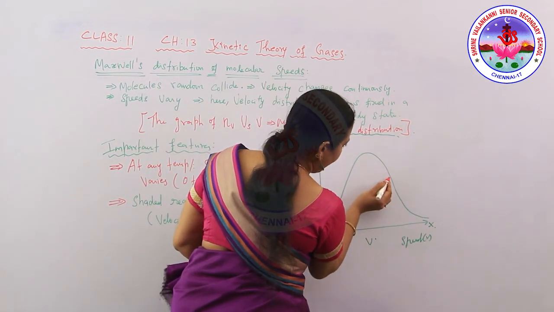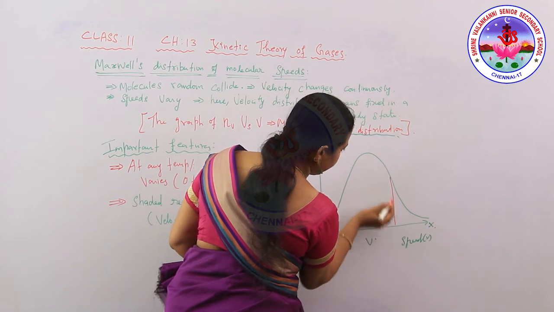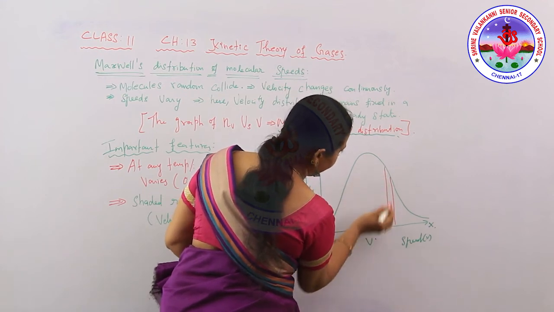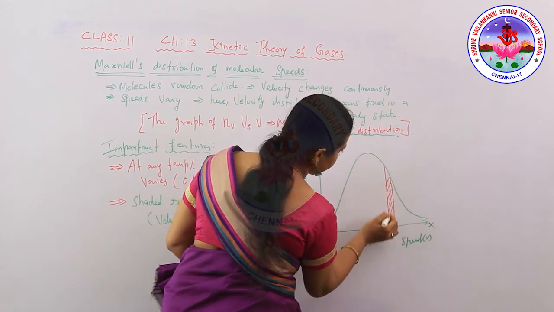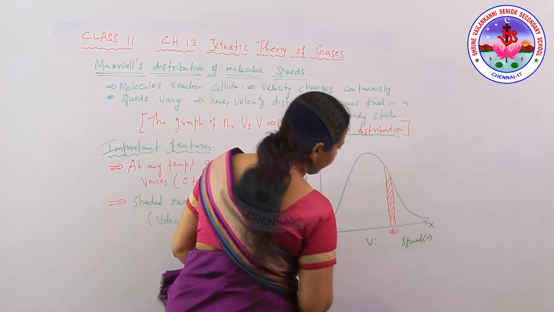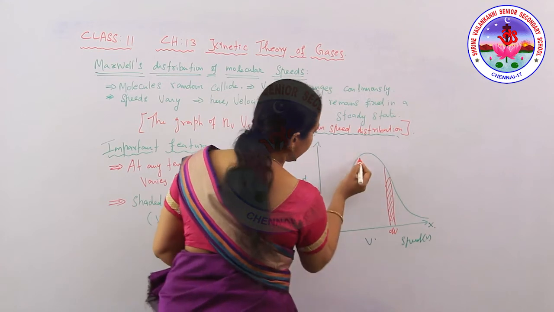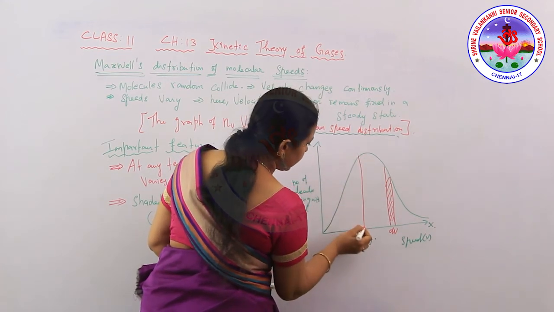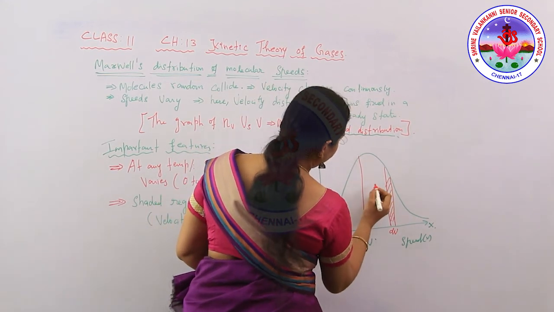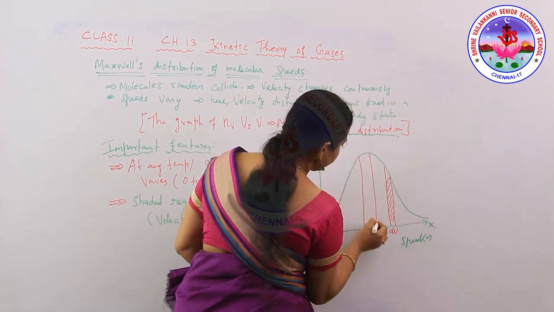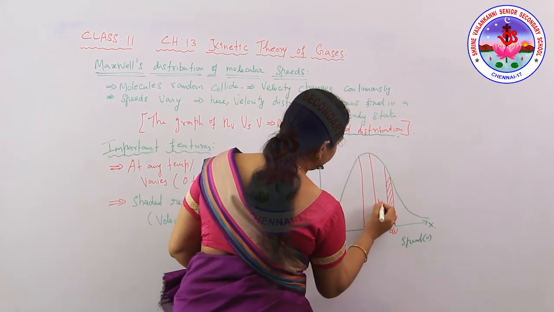Now see the distribution. I have taken this particular part as a shaded part, where there is a small change dV in the speed. This is the real curve.